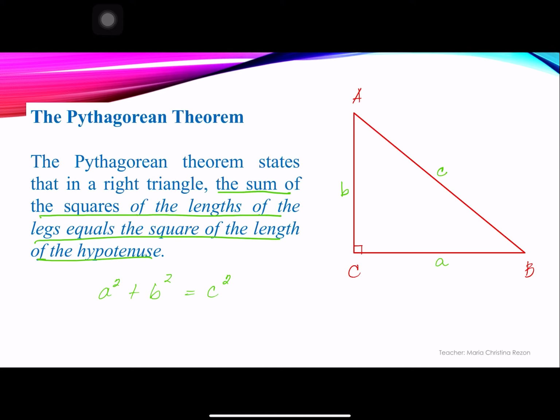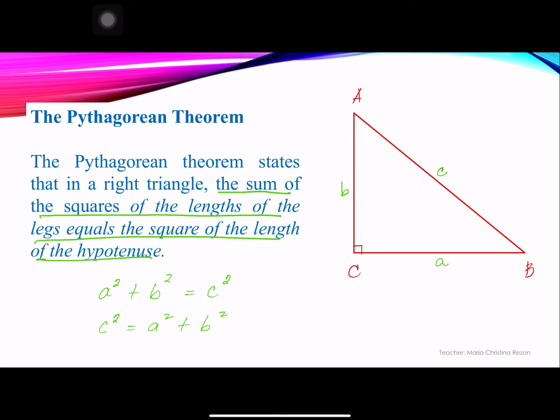Or you can say that c squared is equal to a squared plus b squared. And from this formula here, we can derive other formulas for the other sides of your right triangle.